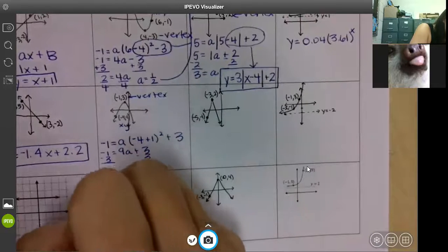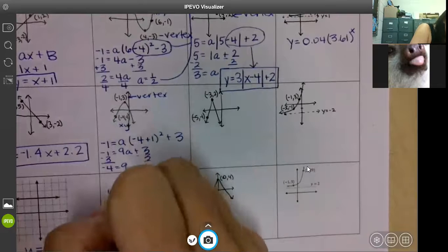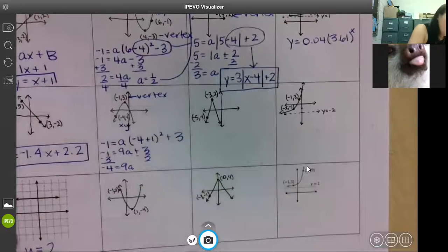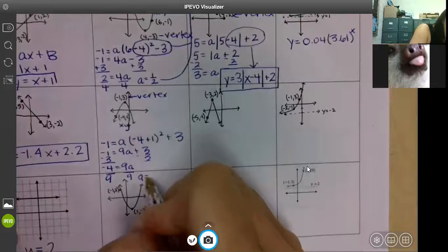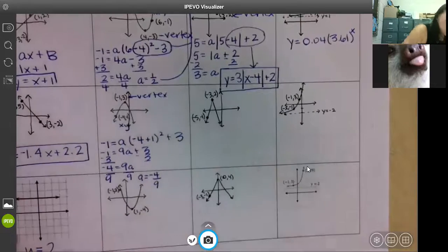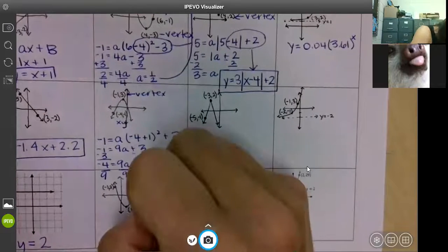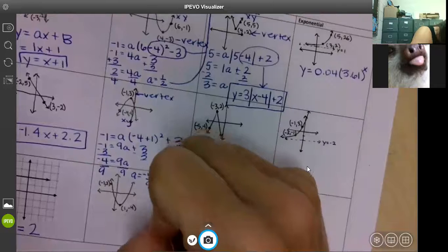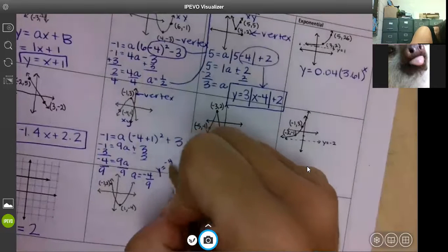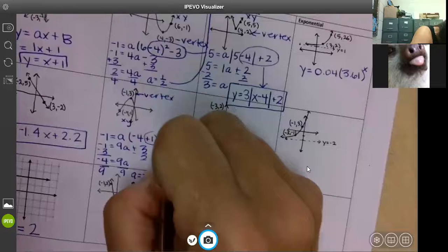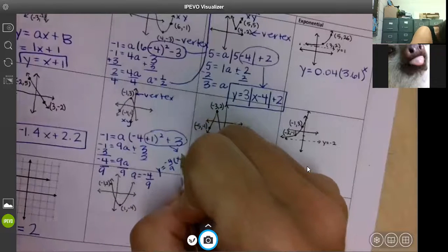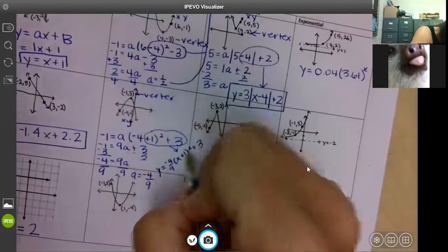Subtract 3. -4 equals 9a. Divide by 9, and you get a equals -4/9. So your equation for this one, and I'm going to write it sideways, y equals -4/9 times x, and then follow through with this stuff. Plus 1 squared plus 3.